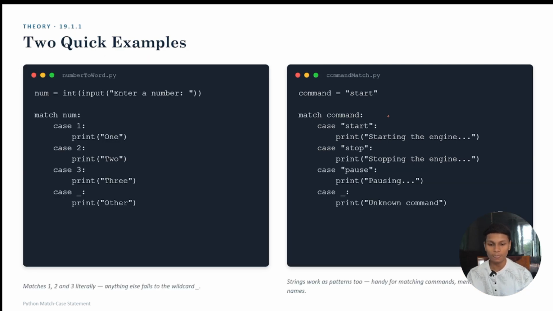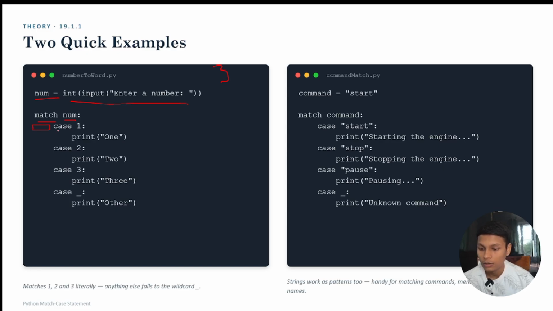Let's see a quick example first, so you can understand how we can write our code. I am taking a num variable here, num equal to int input, enter a number, the user is going to put the number here. Take an example, the user puts number 3. Now we create our match case, match num, then colon, then indentation, which is a tab space.